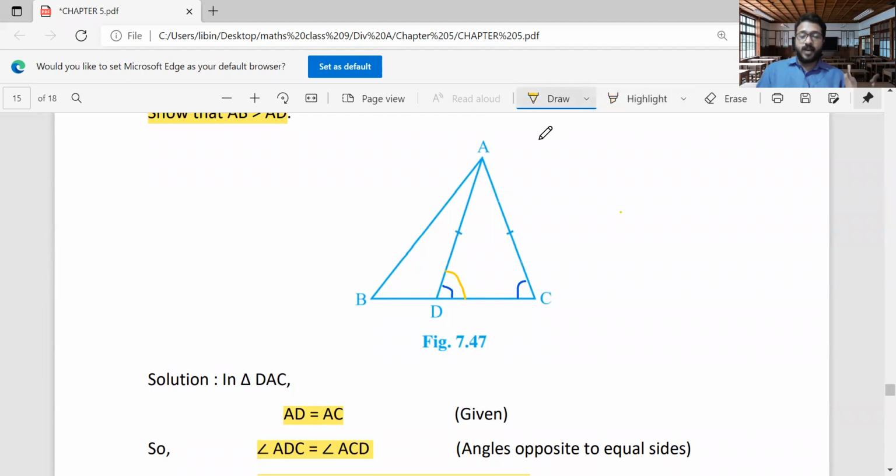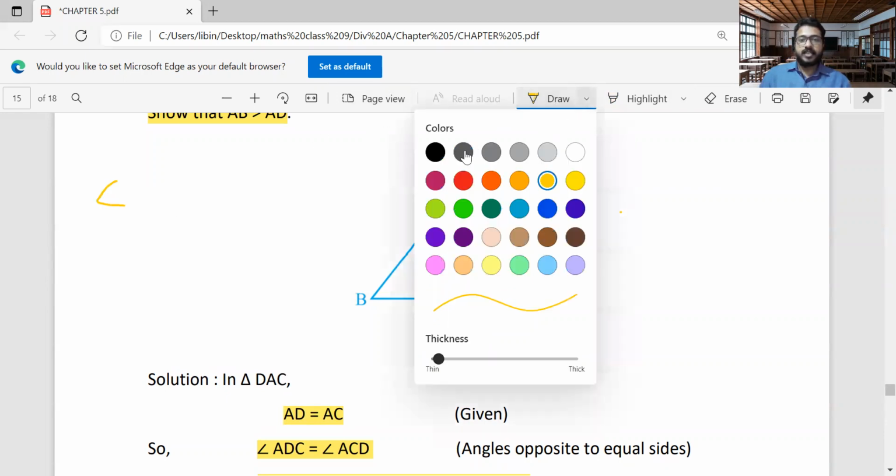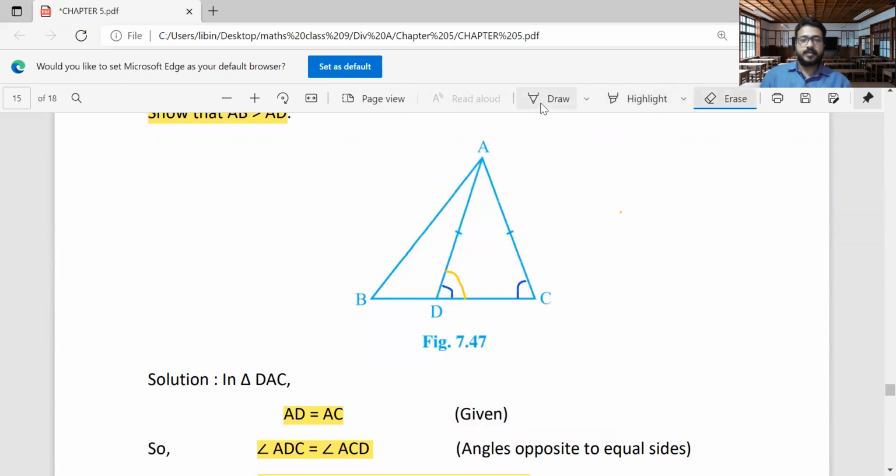Can you say why we have written like that? We have learned earlier about the sum of interior opposite angles. What are the interior opposite angles? See, these two angles. The sum of these two angles will give you angle ADC.